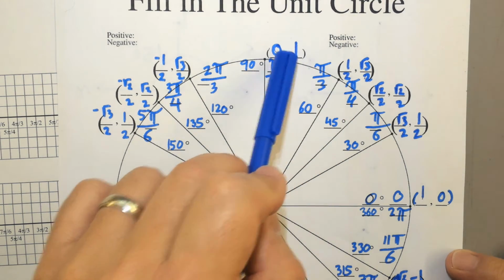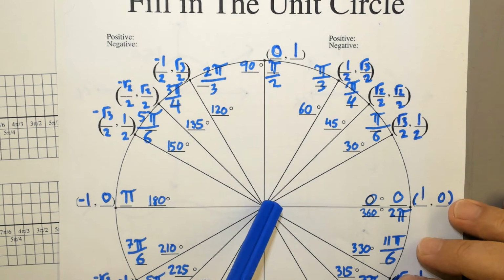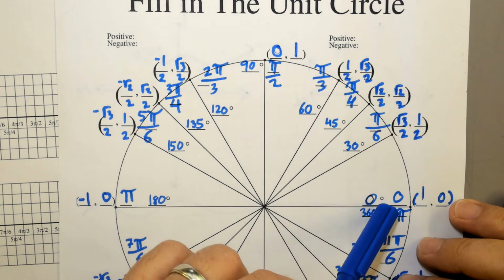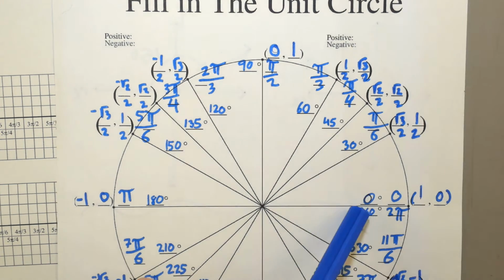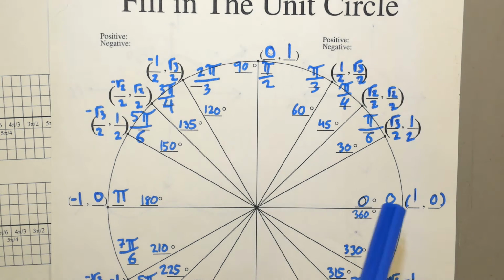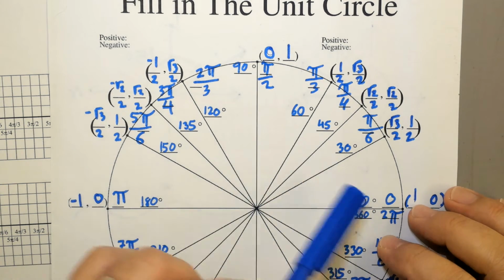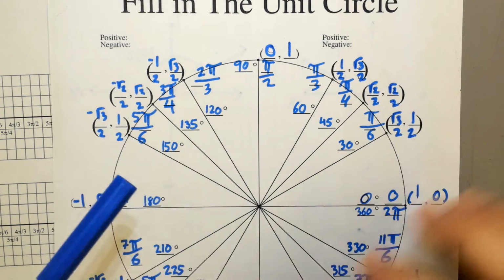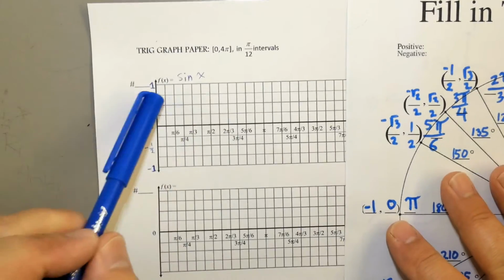We talked about where these coordinates came from, and essentially we just drew the triangles that were associated with our angles. And then once we figured that out, we just used SOHCAHTOA to come up with those values, okay?